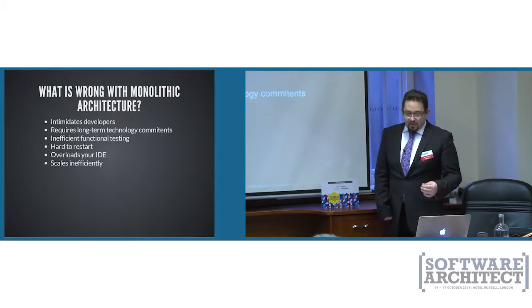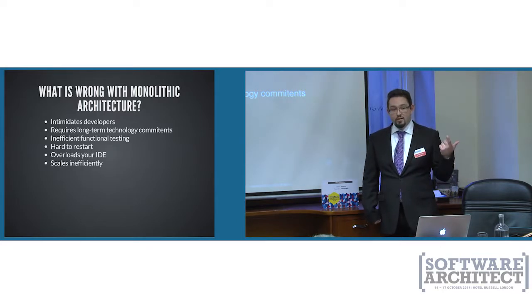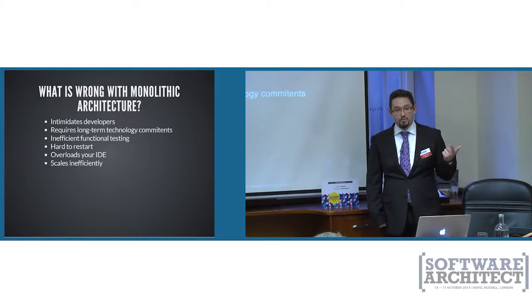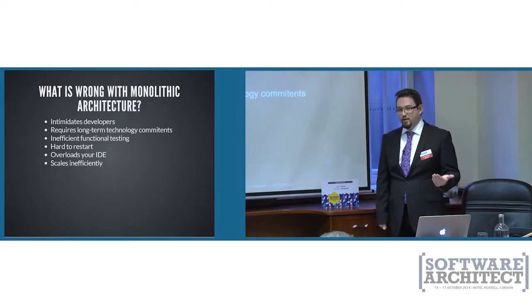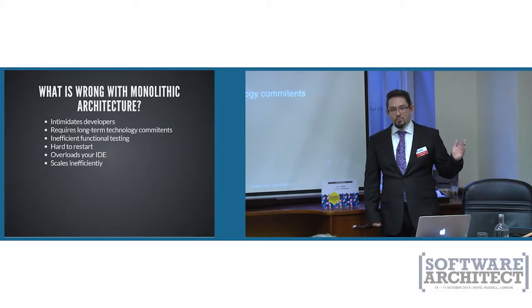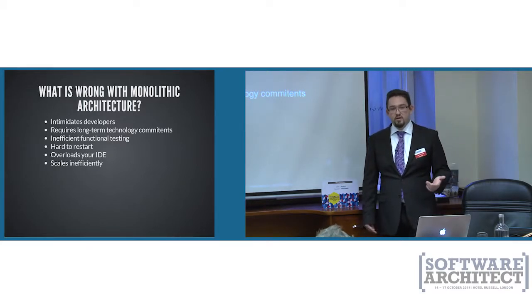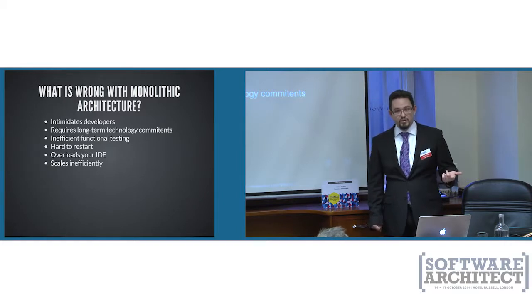And because of that, you can't really do sufficient functional testing. And if you do functional testing, because the system is very slow moving, it's really hard, or maybe you can't solve it, because there's not enough time to run all the tests between the releases.